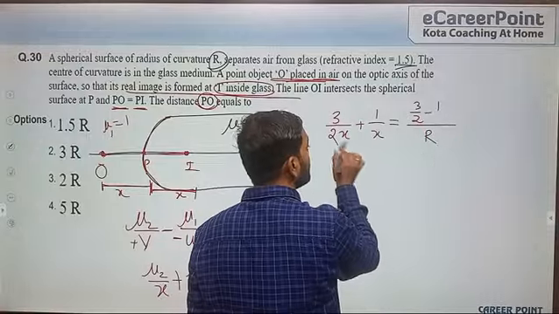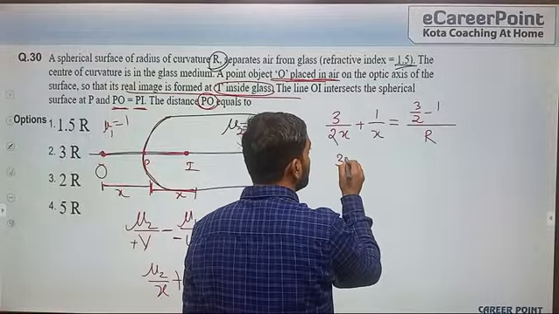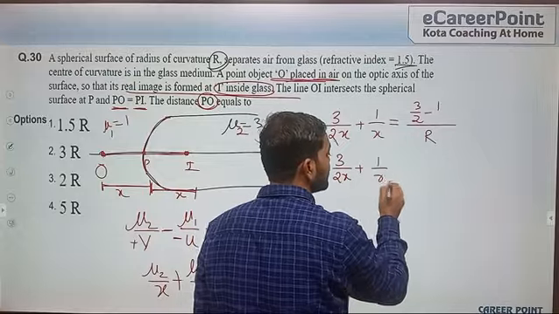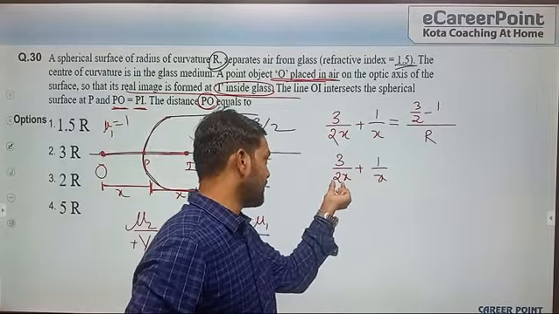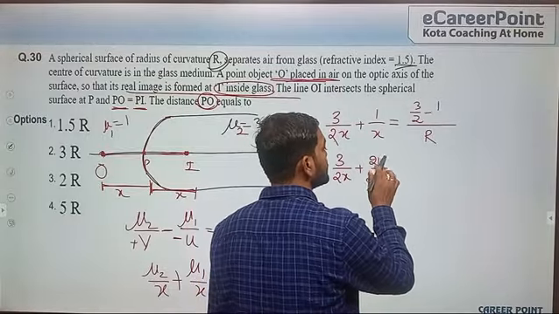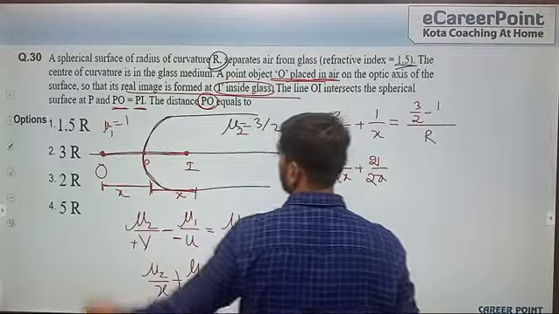Here we have 2, so 3 by 2x plus 1 by x. In the denominators we have 2x and x, so let us equate by multiplying by 2 on both sides.